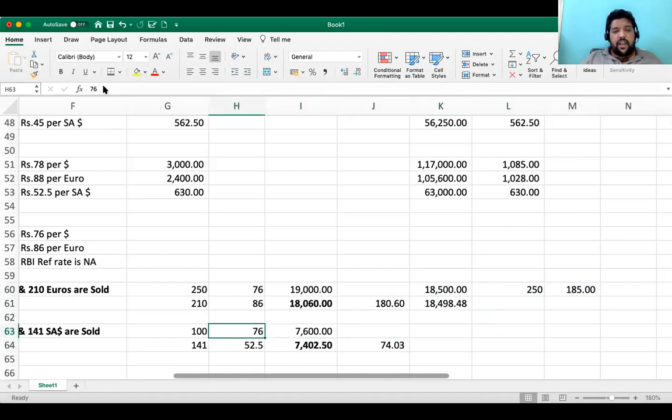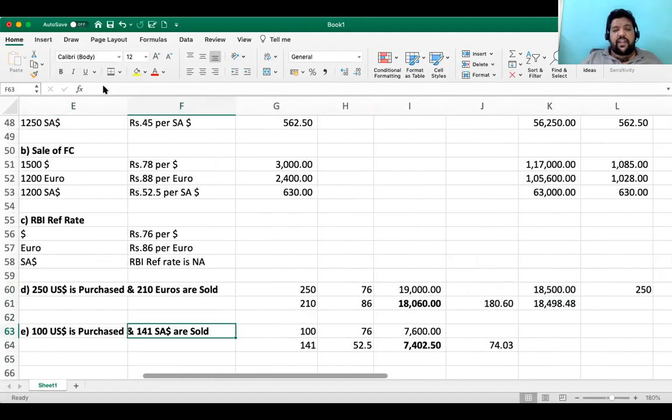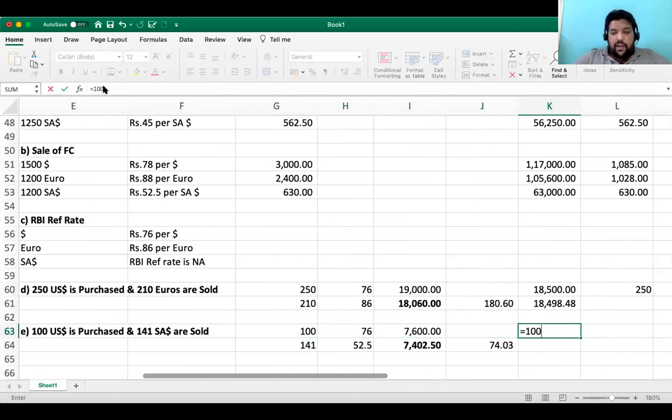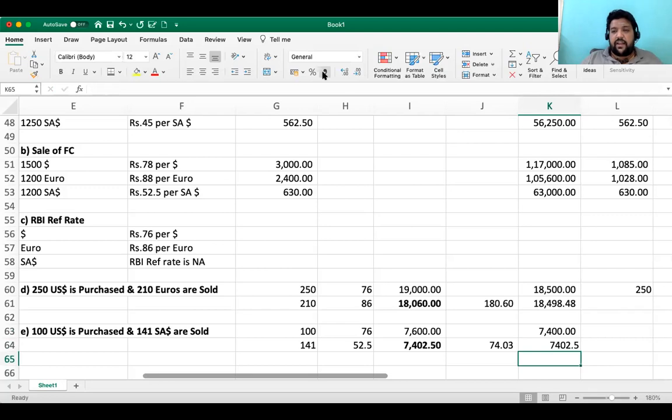Coming back here, again, giving $100 and taking back $141 will remain same. $100 into US buying rate is 74. Similarly, 141 into 52.5, if I'm not wrong, is the selling rate.